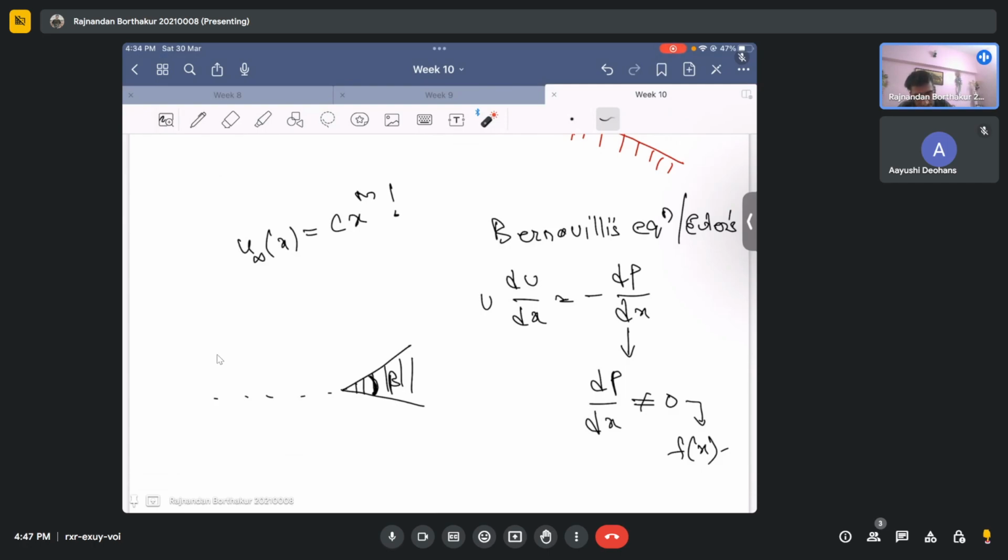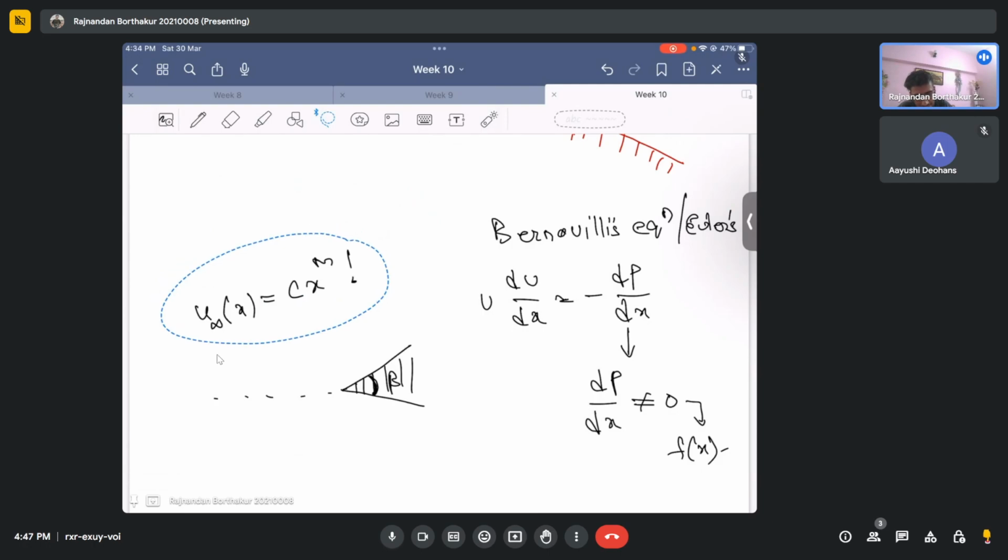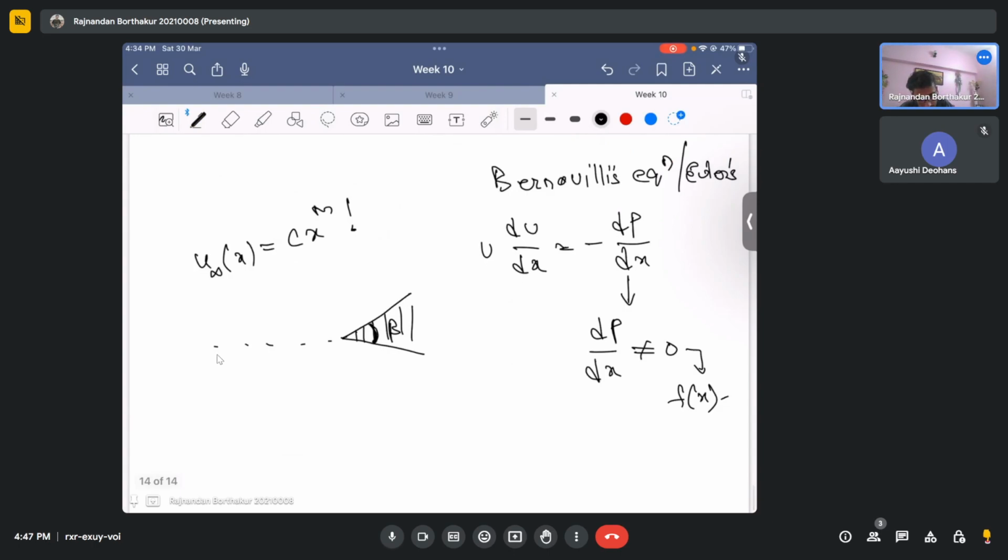I mean there would be a case where your u infinity will basically be a function of x, as I have said. I'm just thinking about how you can come up with this. The thing is, as you know, you can relate this beta with this m.